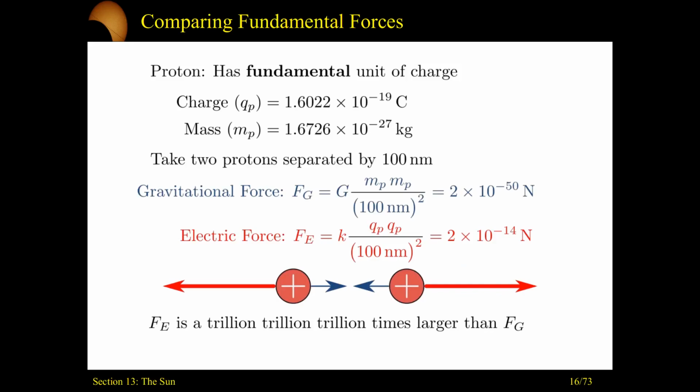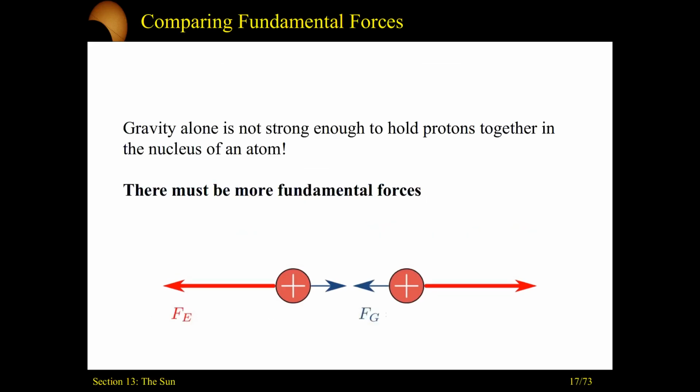I want to say that the electric force is a trillion times bigger than gravity. So gravity cannot overcome the electric repulsion. When we talk about how strong gravity is compared to all the fundamental forces, gravity is basically ignorable on atomic scales. It just does not factor in.